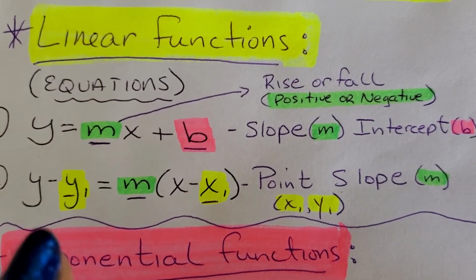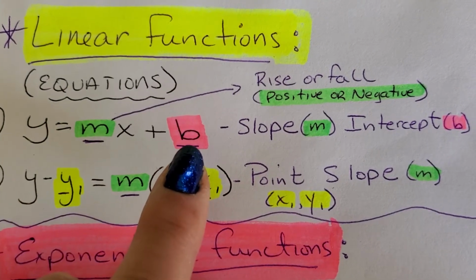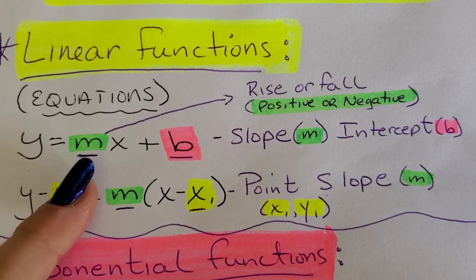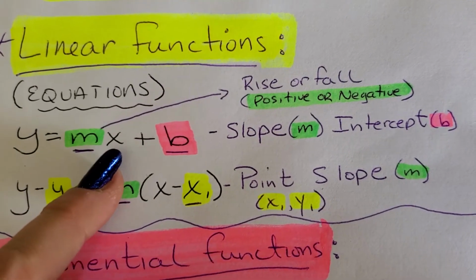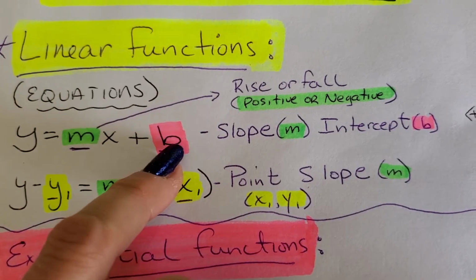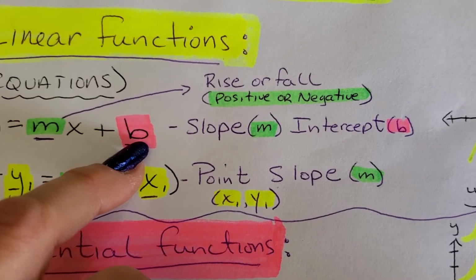This one is the slope-intercept form because it has the slope of the equation that is being multiplied by the x, and the b value, which is our y-intercept point.